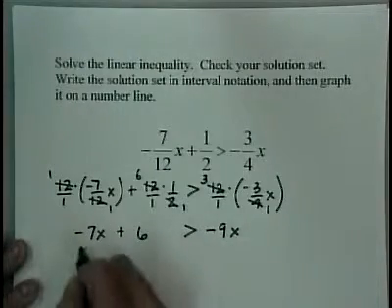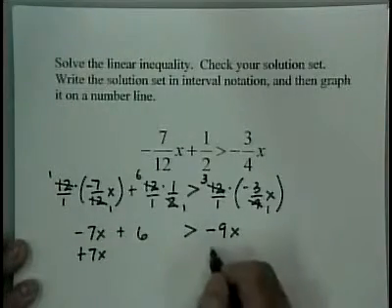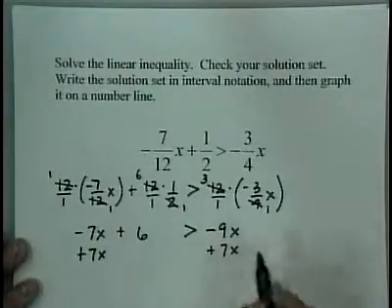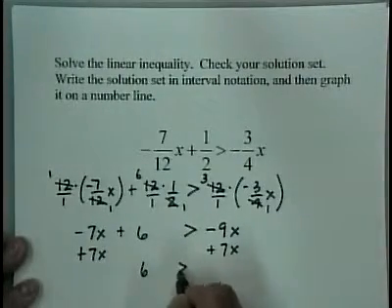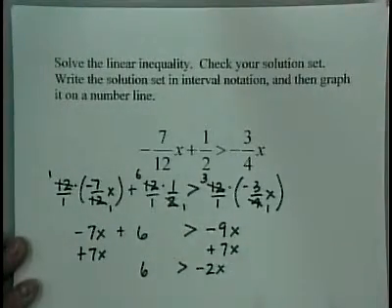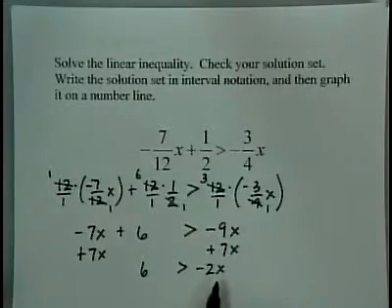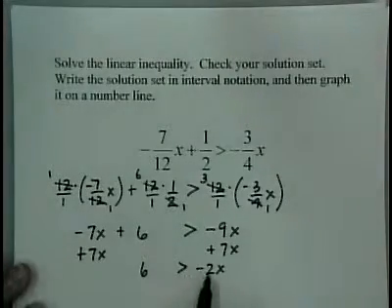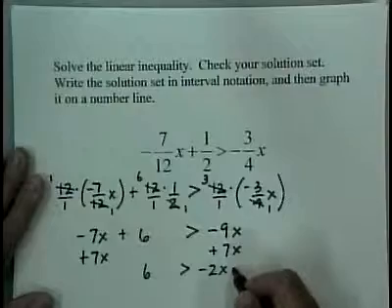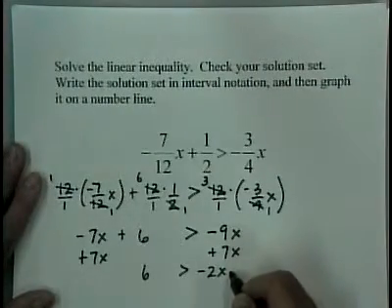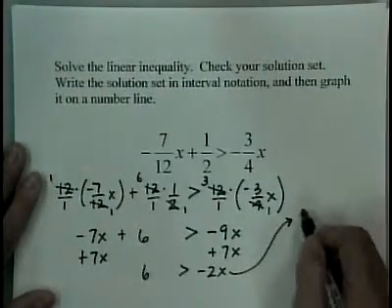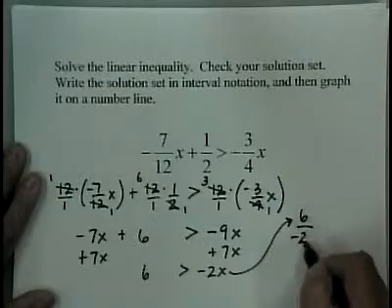To continue solving, I'm going to add 7x to each side to get 6 is greater than negative 2x. And finally, to isolate x, I need to divide each side of the inequality by negative 2. Now to give myself a little bit of room, I'll move over to the right a little.